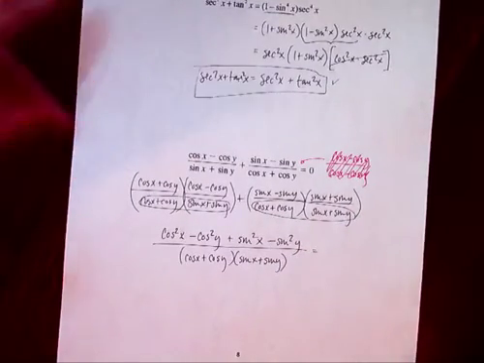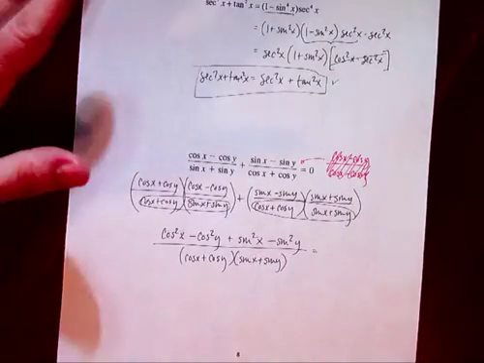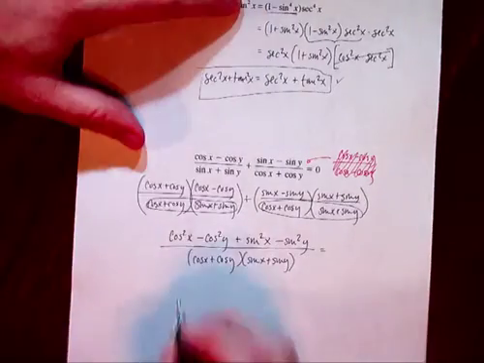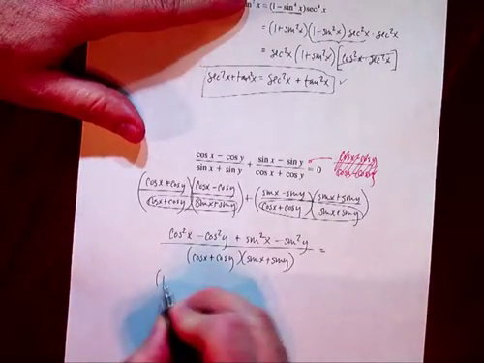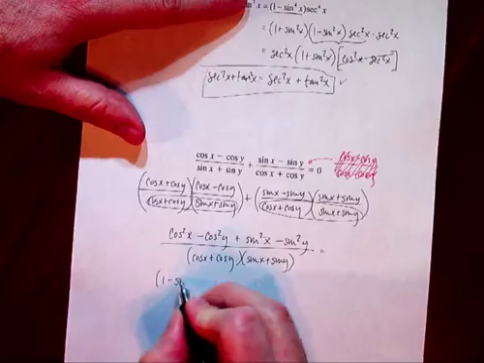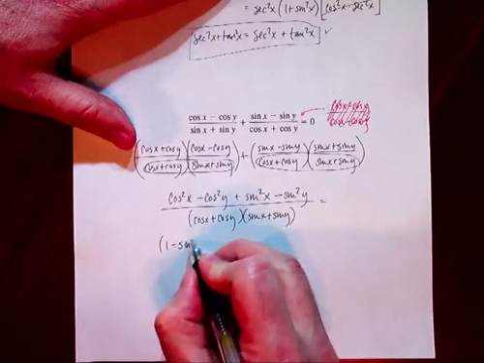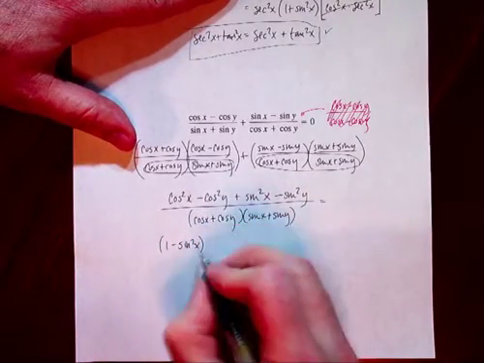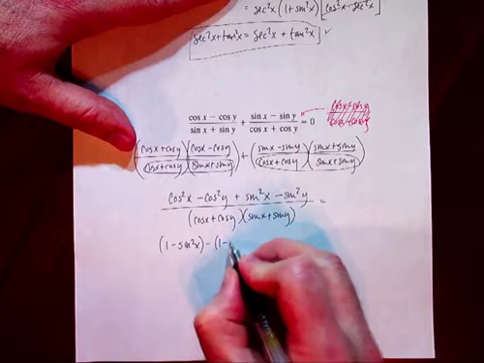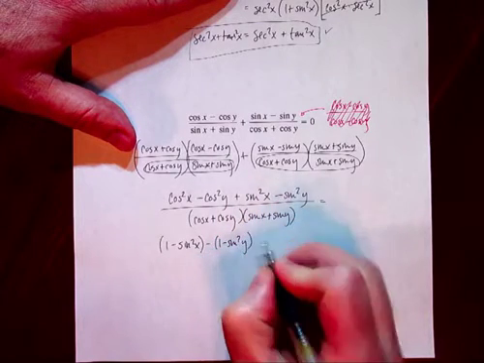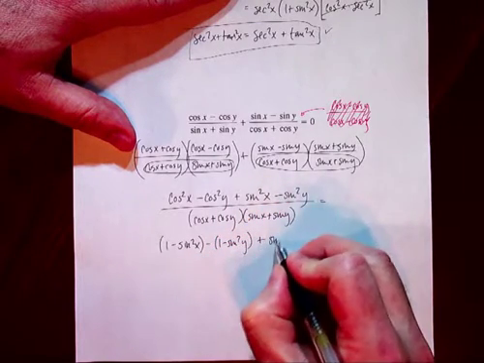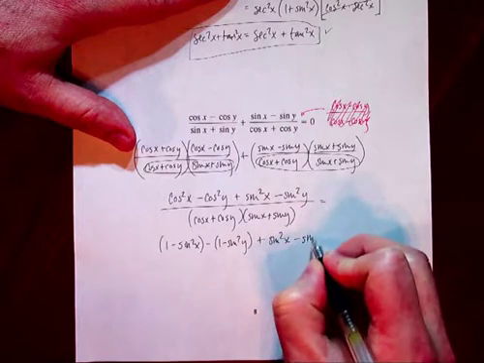Am I going to change the cosines or am I going to change the sines? Let's change the cosines. This winds up being 1. This cosine squared becomes 1 minus sine squared. And this cosine squared becomes 1 minus sine squared of y. Okay? And then you get sine squared x minus sine squared y.